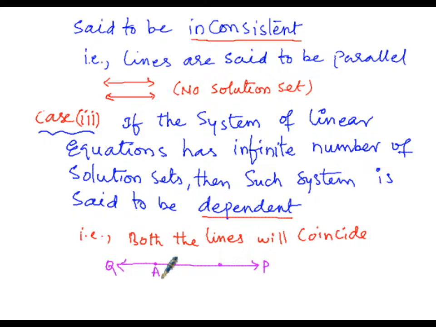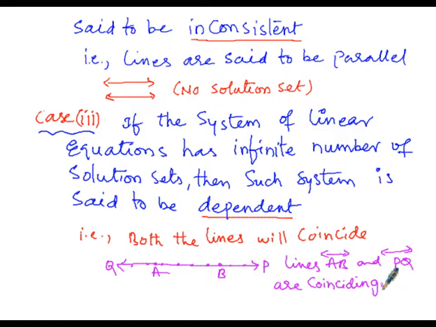So here two lines AB and PQ are coinciding. So then it has an infinite number of solutions on it. It can be extended on both sides. So the line AB and the line PQ are coinciding. So in this case we get an infinite number of solution sets.